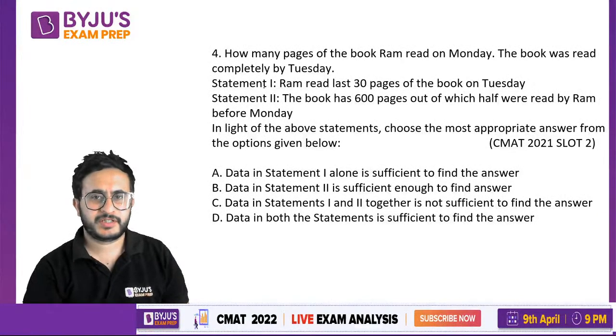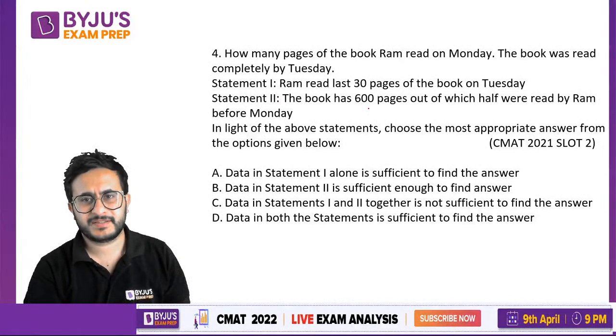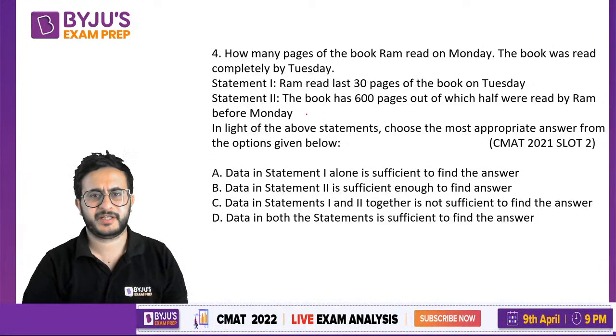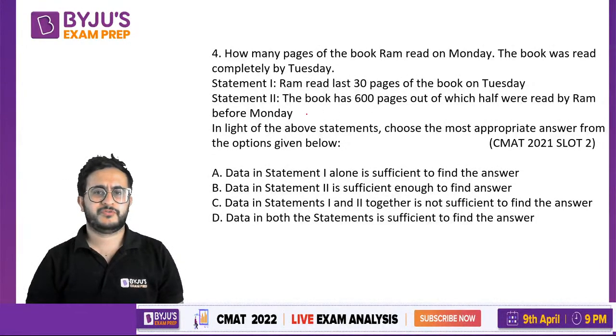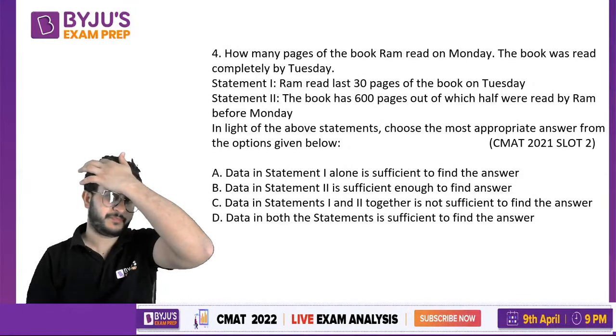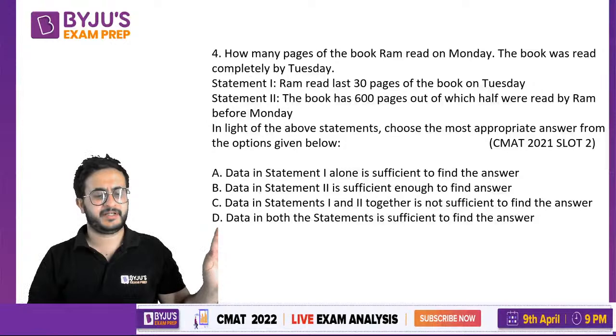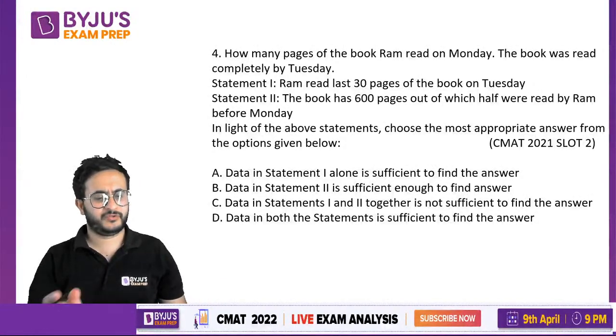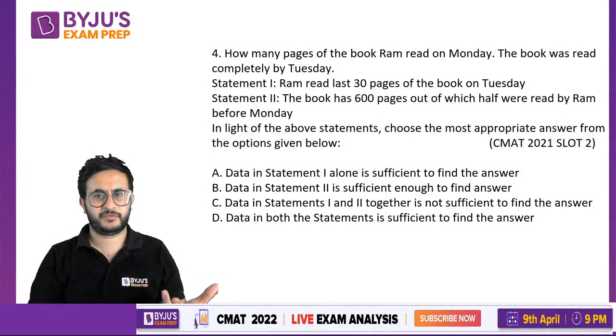Okay. Now statement 2 says the book has 600 pages, out of which half were read by Ram before Monday. So from the second, half of the book was read before Monday. So before Monday, he has completed 300 pages. Right? Do we know how many pages he read on Monday?